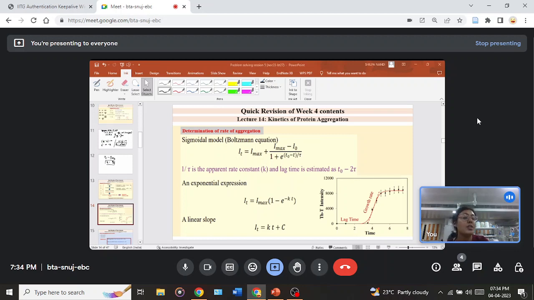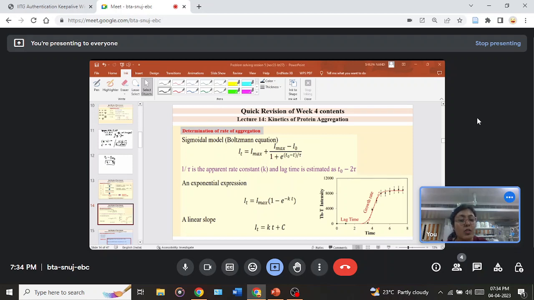Herein 1 by tau is the apparent rate constant, that is the k. So k is the rate that we are looking for, and lag time is estimated as t naught minus 2 tau. If you try to solve this one, it will again lead to a derivation, that is it is equal to I max (1 minus e to the power minus kt).